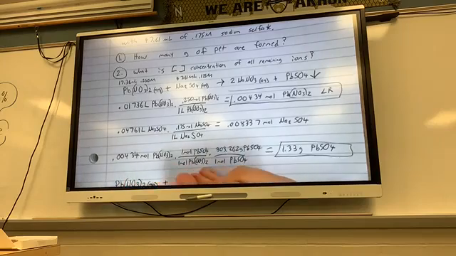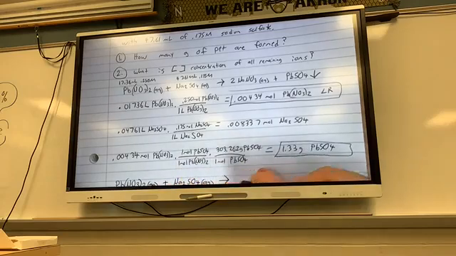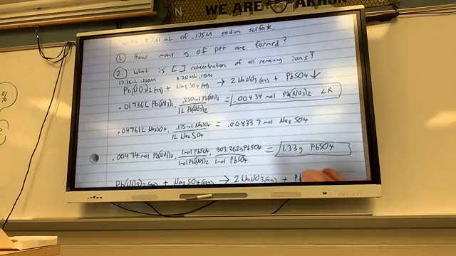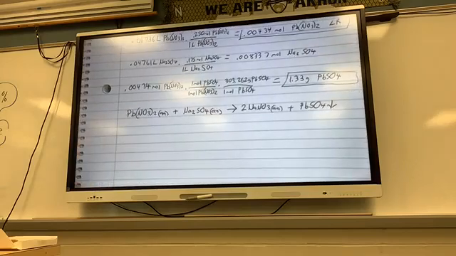Any guesses why I'm rewriting my balanced equation and also writing the states? Net ionic equation. Yes. I need to get a net ionic equation in order to determine my remaining ions' concentrations.